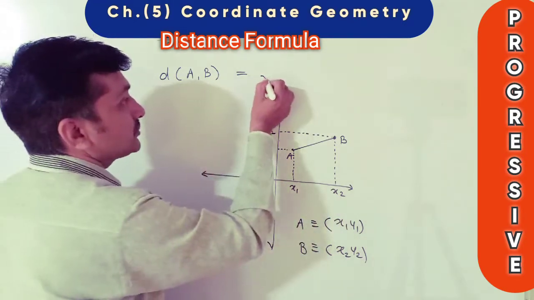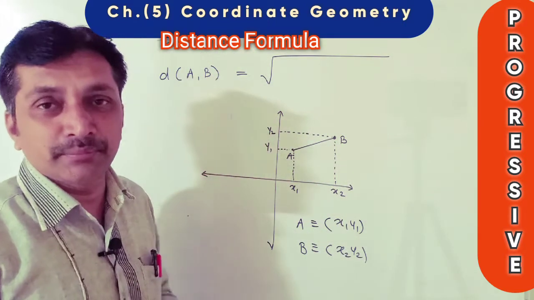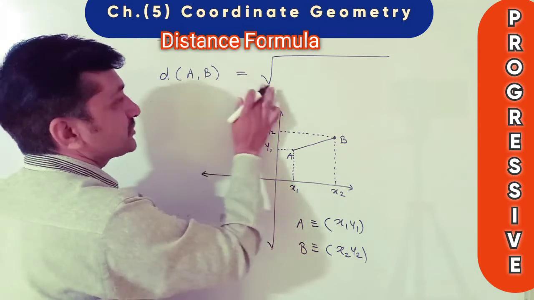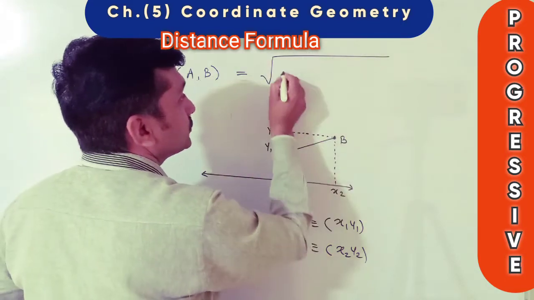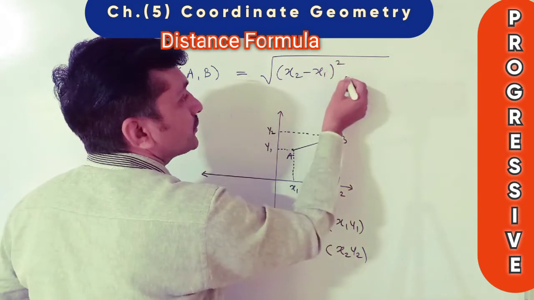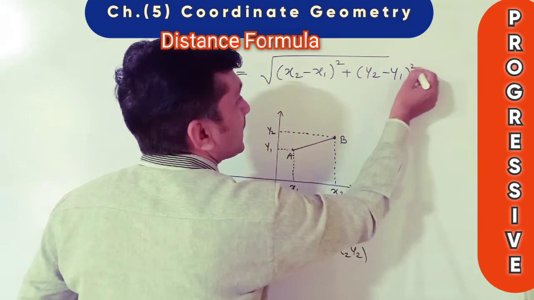Then the formula is, you have to remember this formula, you have to memorize this formula. Distance AB is equal to the square root of (x2 minus x1) whole square plus (y2 minus y1) whole square.